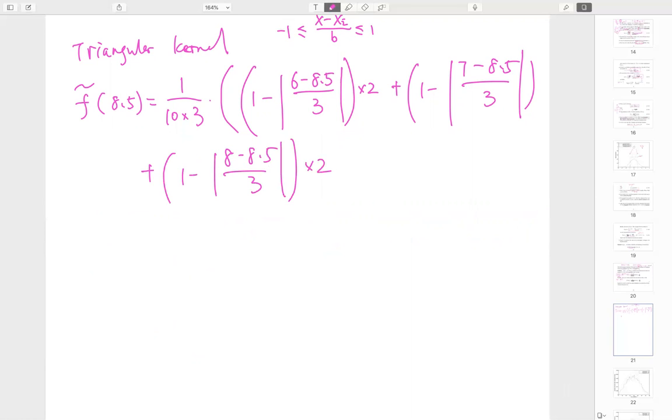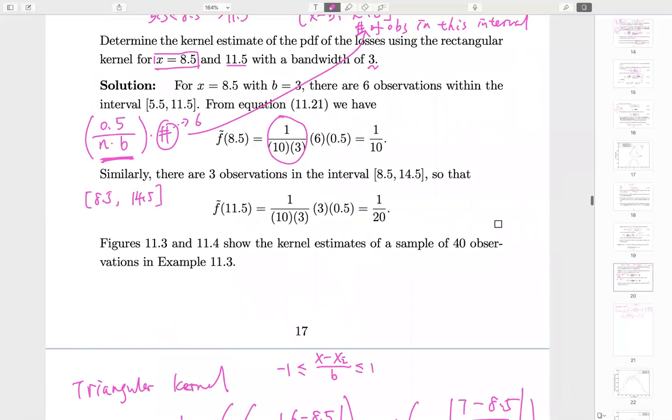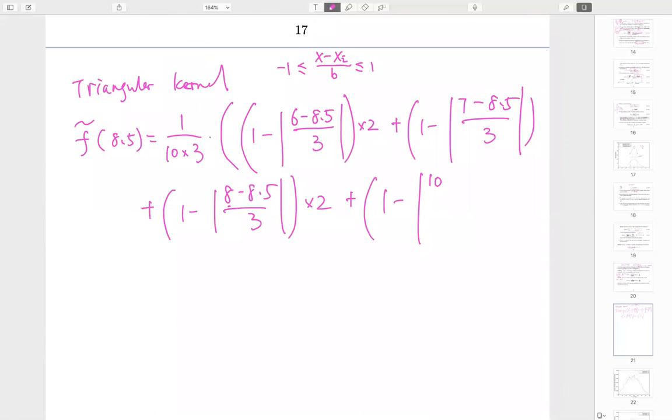Times by 2, because I have 2 observations of 8. I have 1 10, I believe. Yes, so I have 10 minus 8.5 divided by 3. Okay, then everything, let's put a square bracket.